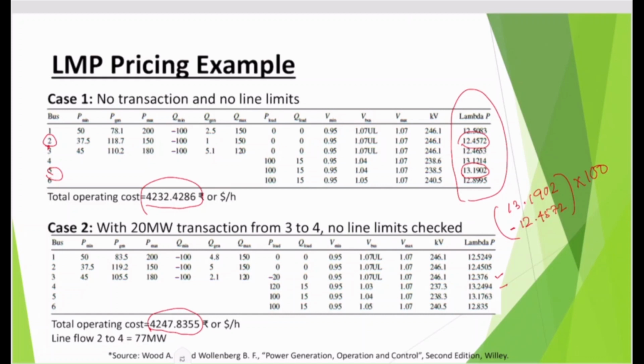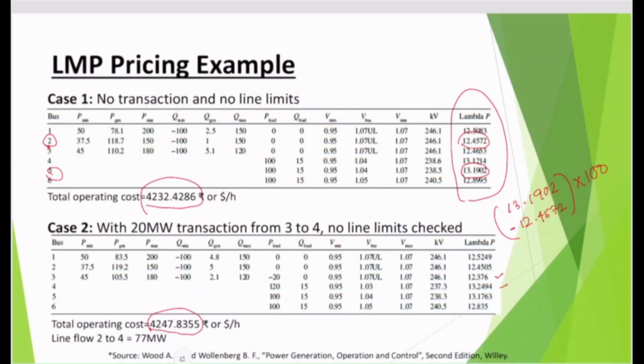I mean to say that when you introduce a transaction and your operating cost increases, then who is responsible for that additional cost? The transaction that has forced my operating cost to increase from 4,232 to 4,247. The 20 megawatt transaction is responsible, so this additional cost needs to be transmitted to this transaction to bear the additional cost, because it is for this transaction that my operating cost has increased.